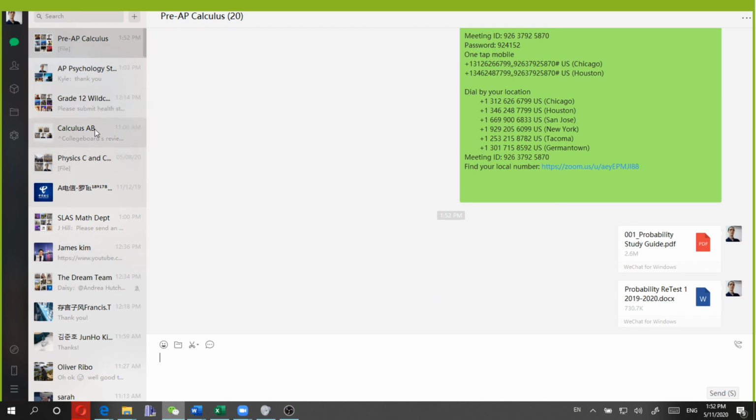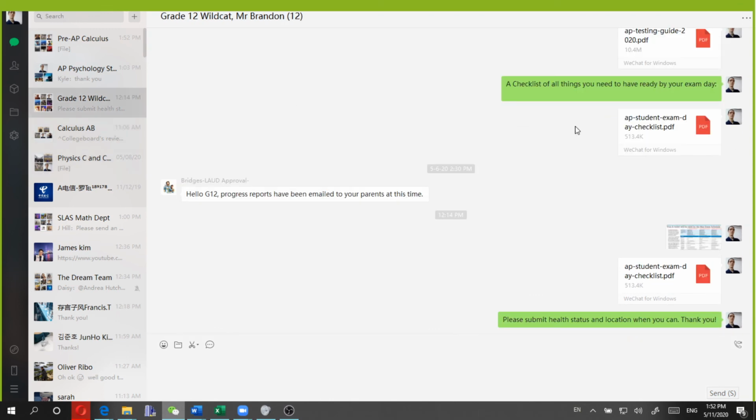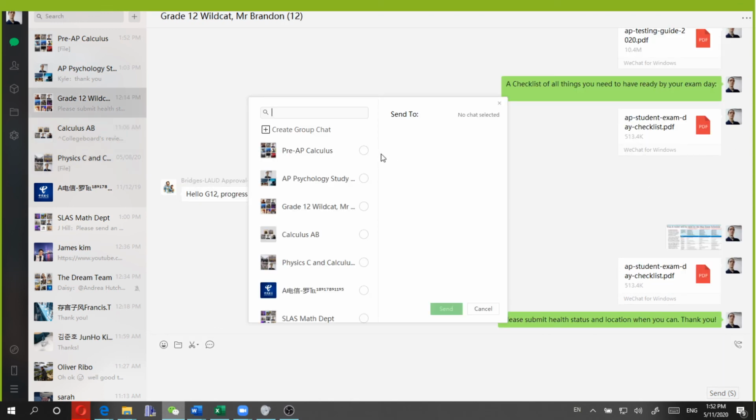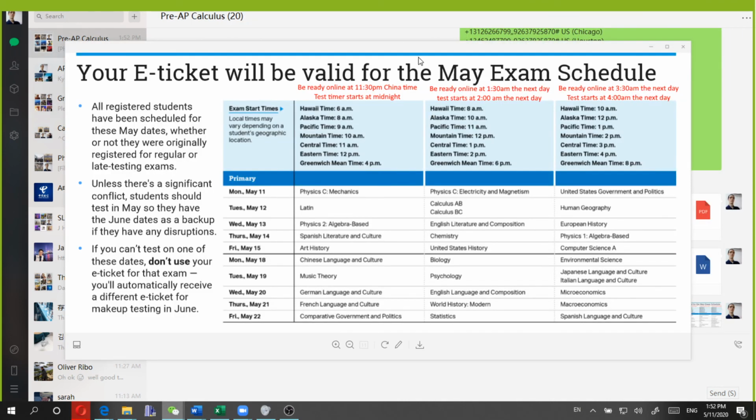Oh. Okay, for those of you who are taking an AP exam, I'm going to really quickly forward this as well. This is the schedule in Chinese time up here in red. I've just written on top of here. So if you had an AP exam, for instance, today is physics. Mechanical physics at 9 a.m. Pacific time is really 11:30 p.m. our time.